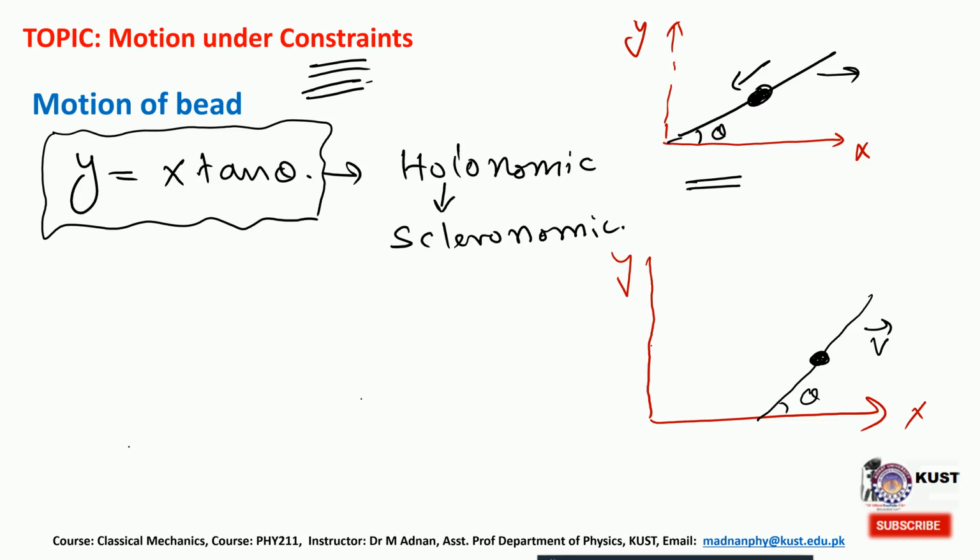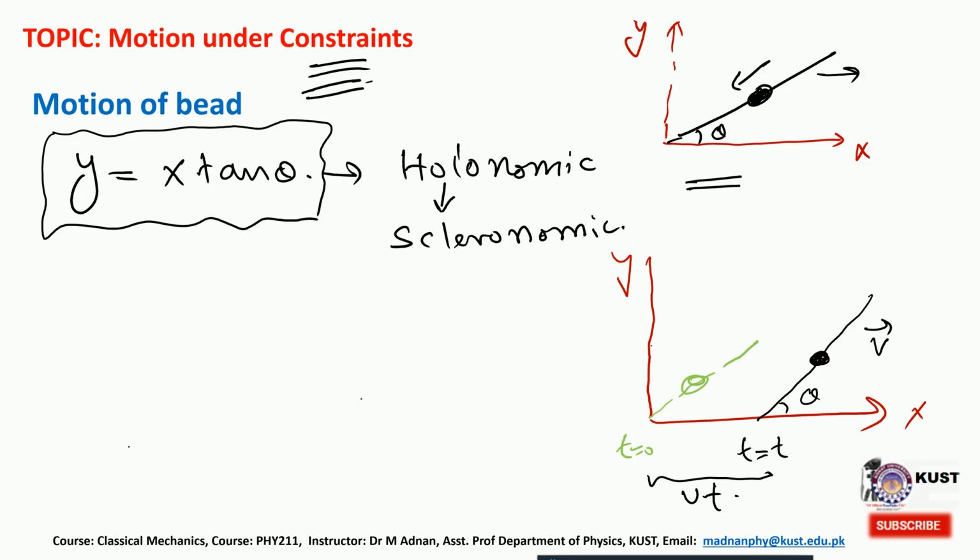So let that system is somewhere here at t is equal to 0, and when t is equal to t, it covered that distance vt.